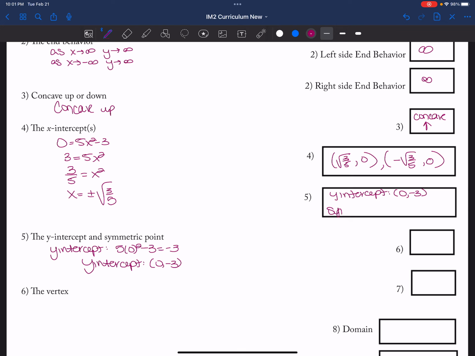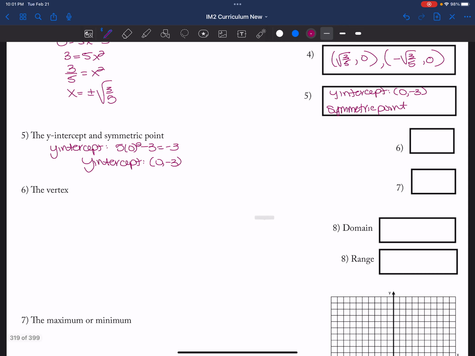And then my symmetric point, I'll find afterwards. My vertex is x is equal to negative 0 over 2 times a. So then I get 0. So if x is equal to 0, then my y is equal to 5 times 0 squared minus 3, which is negative 3.